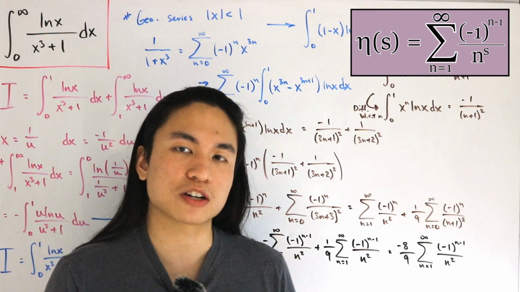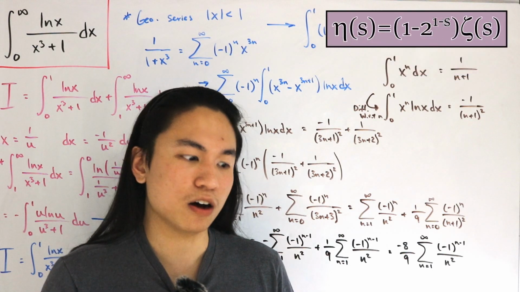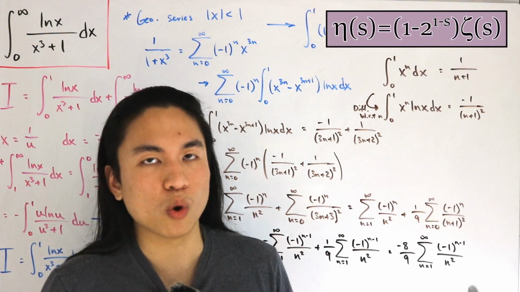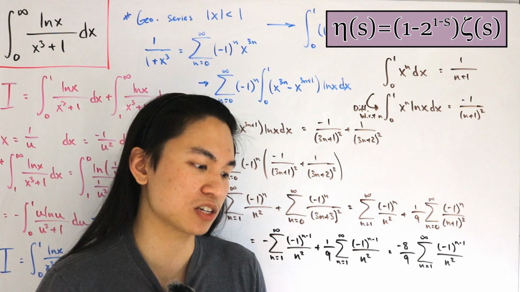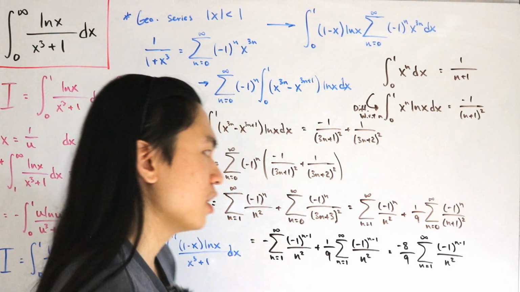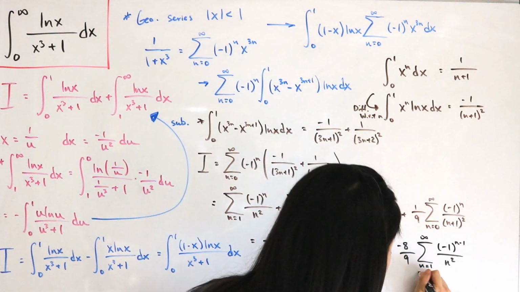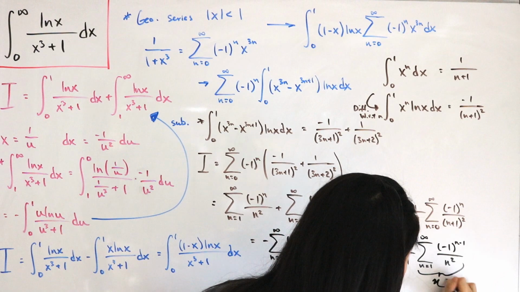Another thing we'll be utilizing is its relation equation, such that the eta of s is equal to 1 minus 2 to the power 1 minus s, all that quantity multiplied by the Riemann zeta of s. As we notice, this is at s equals 2, so over here this is the same thing as eta of 2.